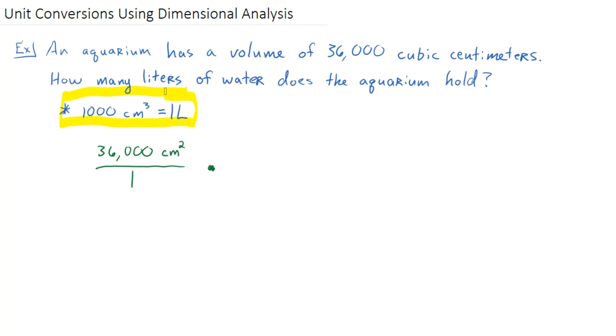And we always want to put the one we're going to on top. So in this case it's liters, so 1 liter on top and 1,000 centimeters cubed on bottom. Sometimes people fall into the trap of thinking that they always put the one that's a 1 on bottom, but that's not true. The one that goes on top is what we're going to. The units we start with always go on bottom. Okay.